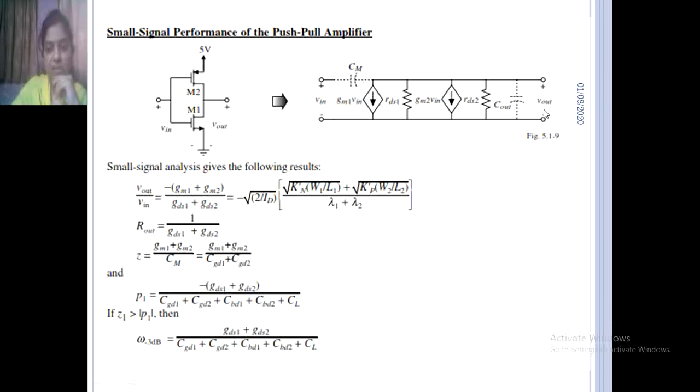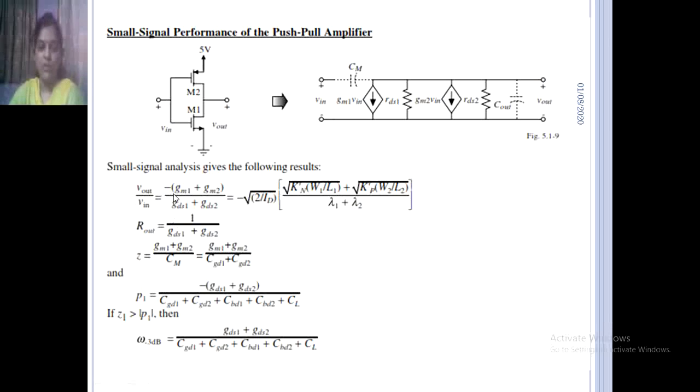The input coupling capacitor and output coupling capacitor, that is CM and Cout, we have also taken here. So small signal analysis gives the following result. We know that gain is nothing but Vout by Vin. The gain is represented in terms of the transconductance of transistors M1 and M2.